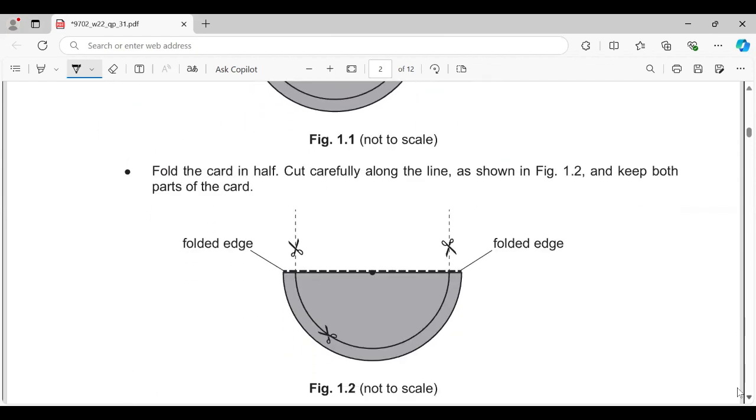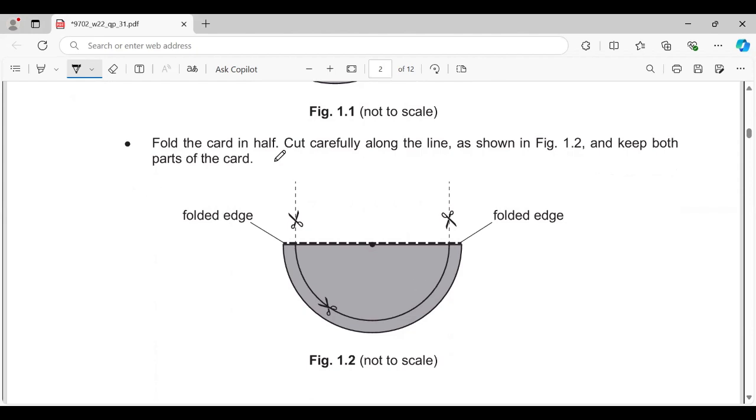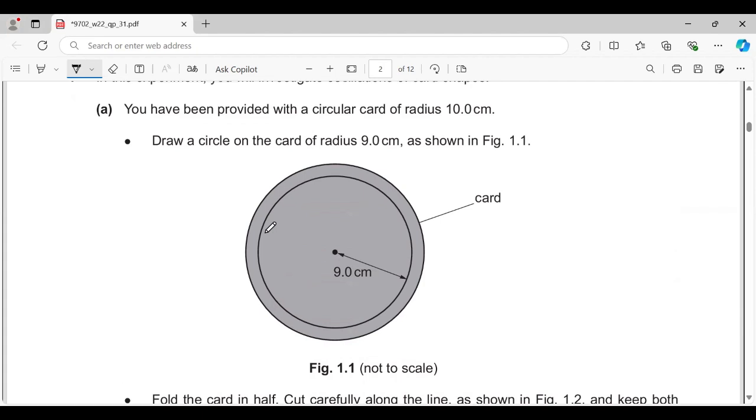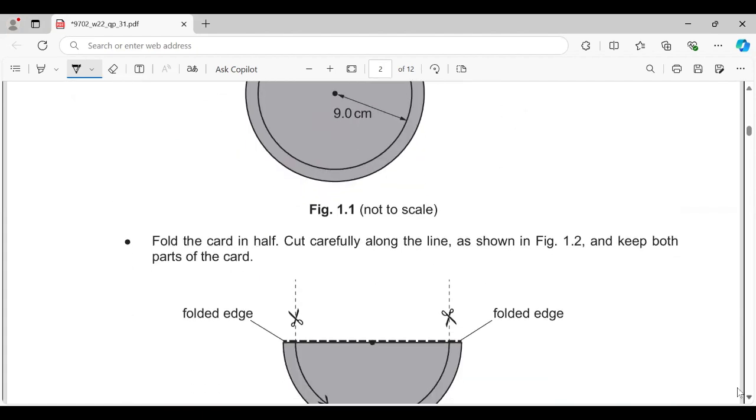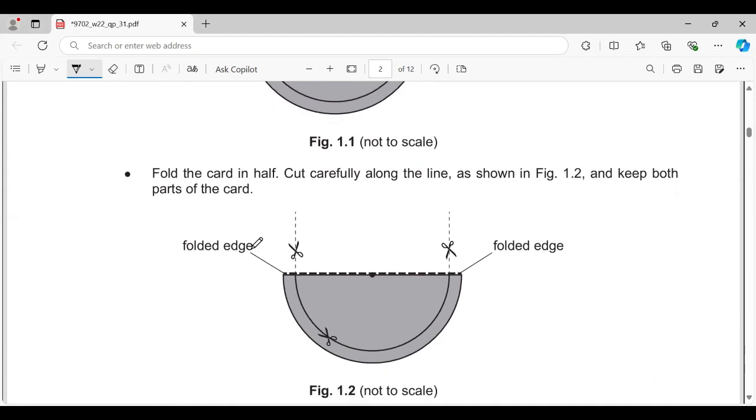Okay, the next step, fold the card in half. So this card is folded, and then cut carefully along this line, and keep both parts of the card.